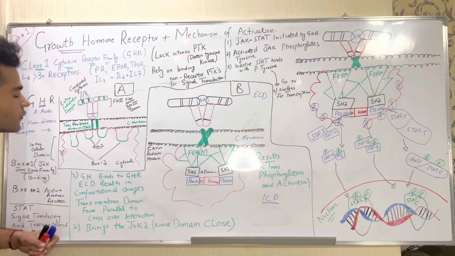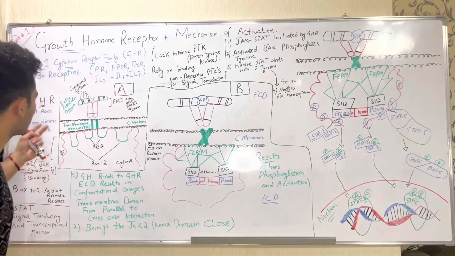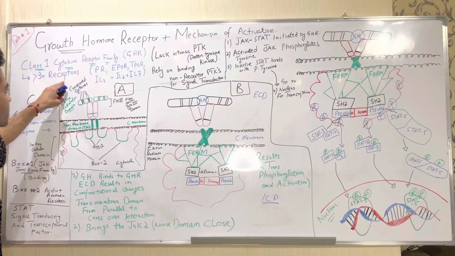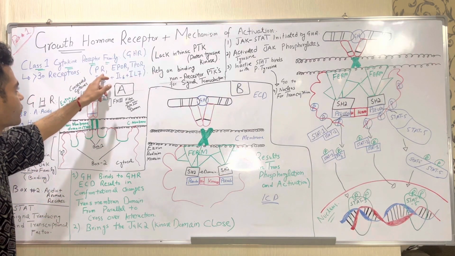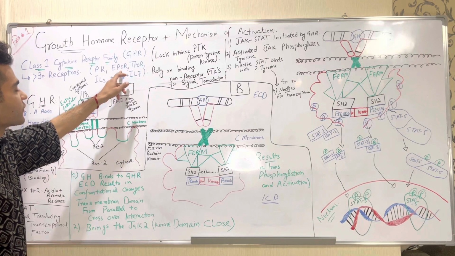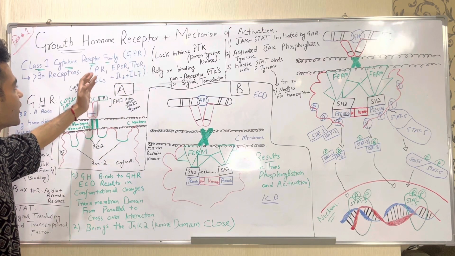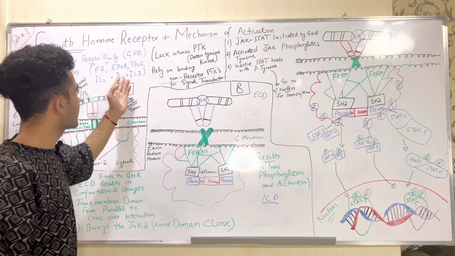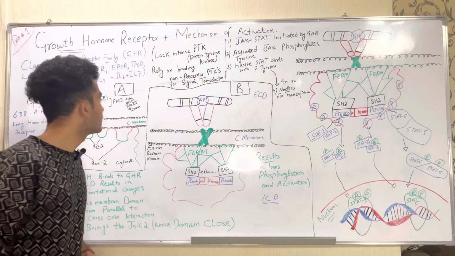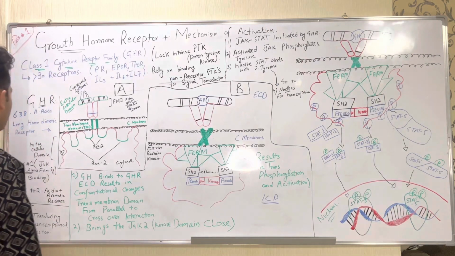This family has 30 or more receptors, and these include the prolactin receptor, erythropoietin receptors, and along with this, the IL-3, which is called interleukin 3, interleukin 6, and interleukin 7 receptors.